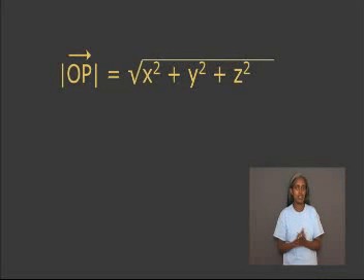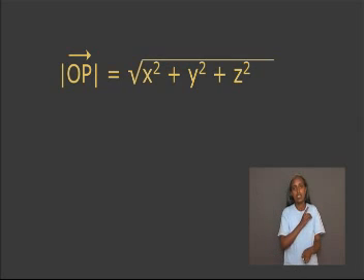Welcome back, students. I am confident that you did not find this question at all difficult, as you remember this material from previous grades. The magnitude of this vector is the distance between O and P. We can determine the distance by calculating the square root of the sum of the squares of the three coordinates.